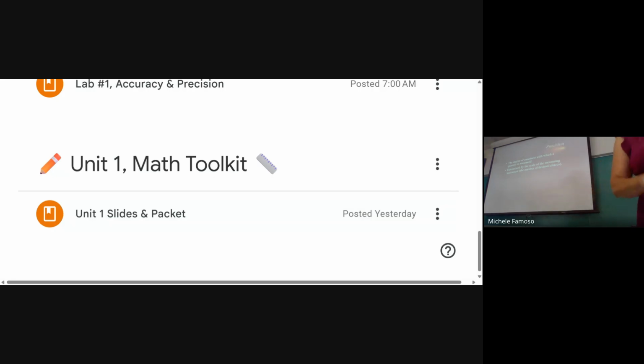Now, before I go on, let's review the decimal places. Because when we talk about precision, I'm going to ask you, how precise is this measurement? And you're going to say, it's precise to the 10th place, or it's precise to the thousandths place. So let's just review what those places are from 5th, 6th grade, just to make sure we're all on the same page with what those places are called.